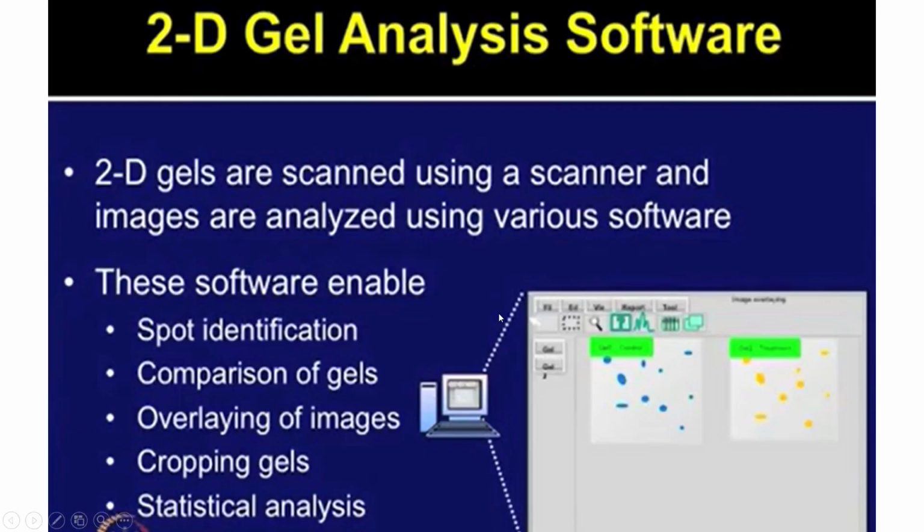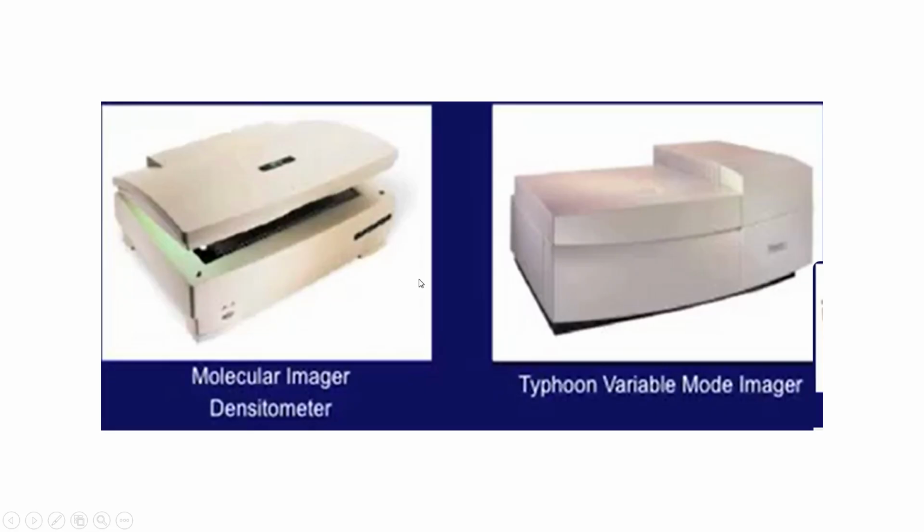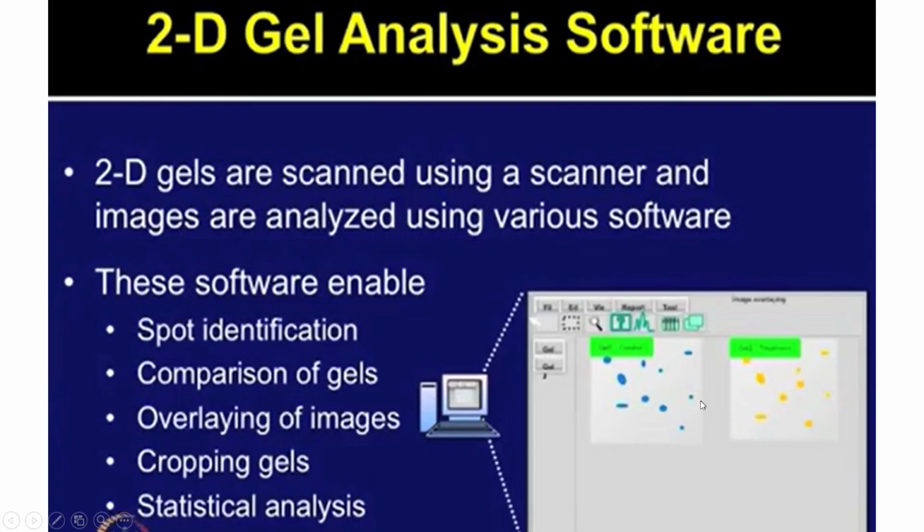So, sir talked a bit about software which is used for understanding the sample or analyzing your results. 2D gels are scanned using scanners like we just talked about, for example Typhoon, one of the imagers which helps you compare two gels and detect what might be the difference.